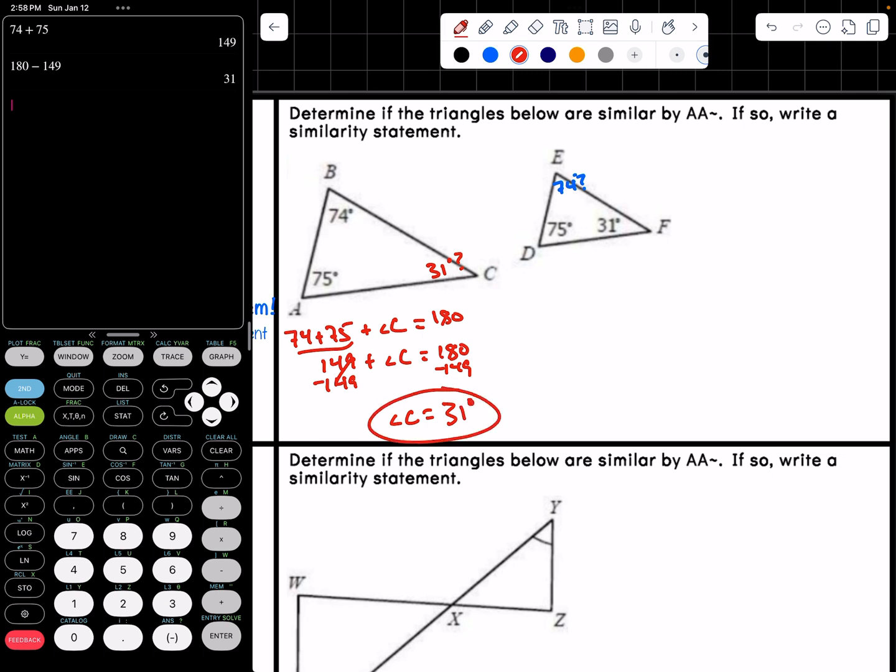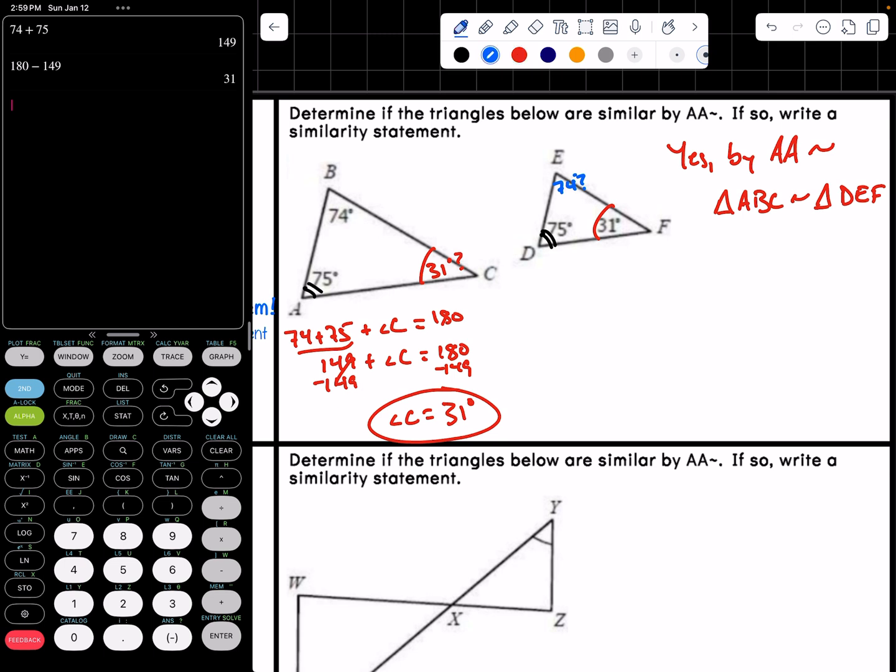So right now it looks like they are similar by angle-angle because I know that this angle is congruent to this angle, and I already know that 75 is congruent in both. So I could essentially write the similarity statement right now. Yes, by angle-angle similarity, triangle ABC is similar to triangle DEF. But I'm going to go on ahead a step further and double check my work.